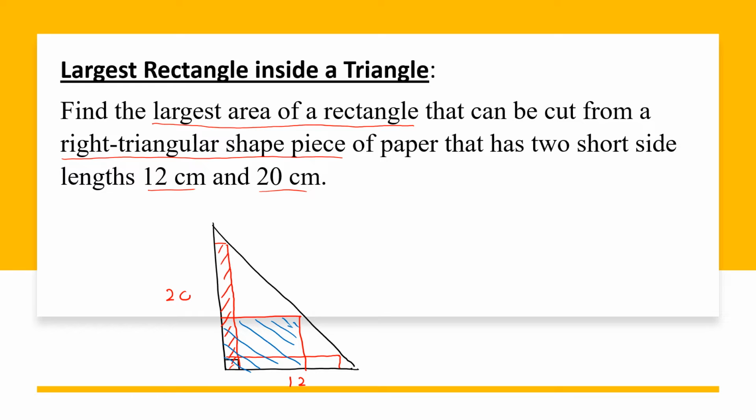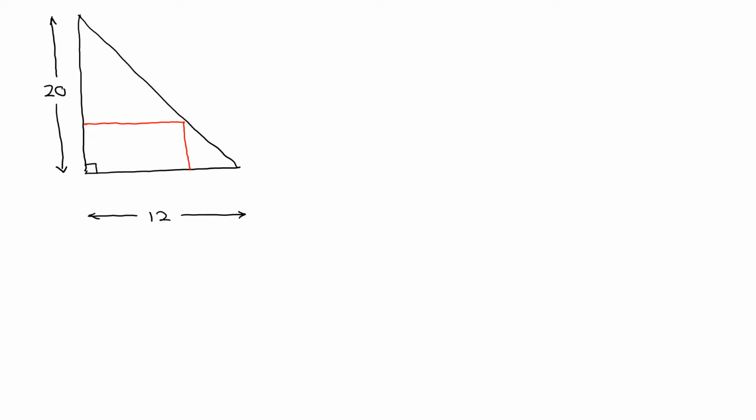First we're going to draw it, two sides, and it's not drawn to scale. Then we have the rectangle here, so we just pick a random rectangle. This is the part you're going to cut off, and we know those sides, 20 and 12. It doesn't matter which side you pick as 20, you get the same answer.